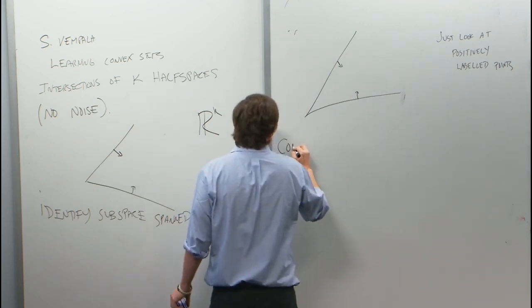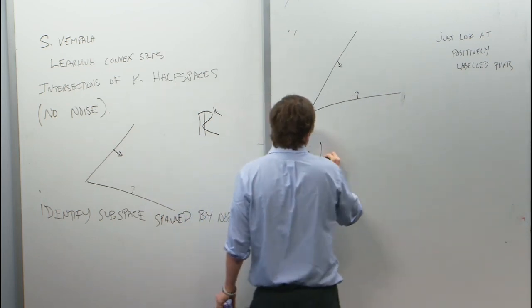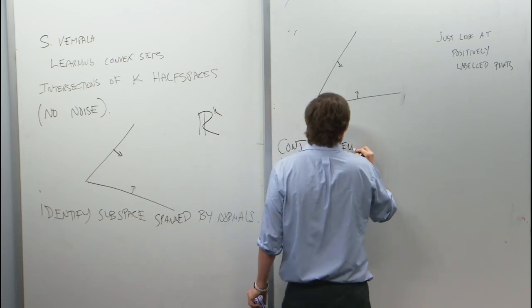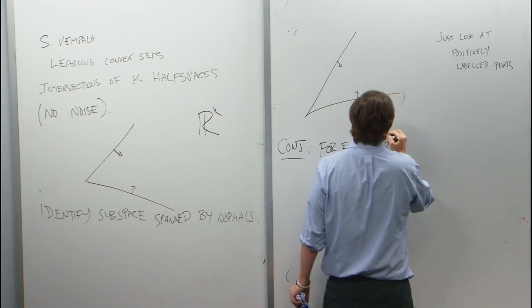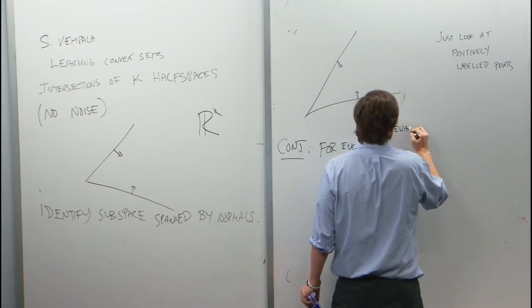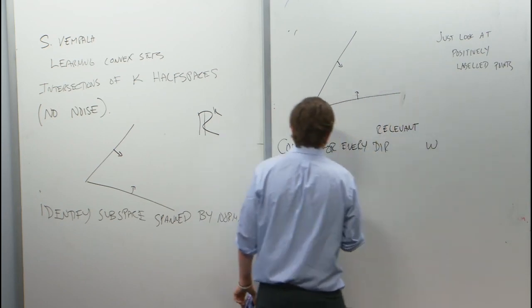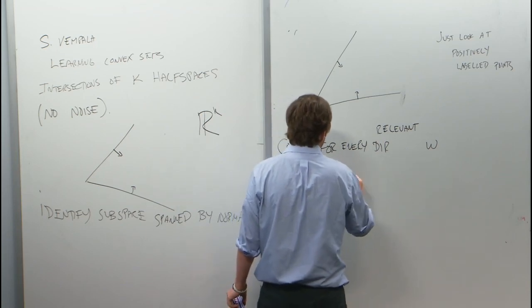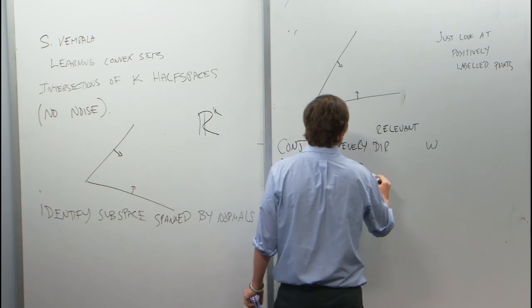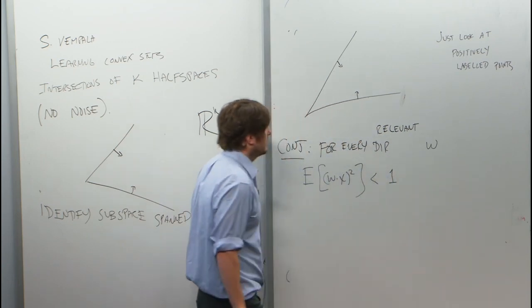So this is a conjecture that we had, that for every relevant direction W, the expectation of (W dot x) squared is bounded away from 1.